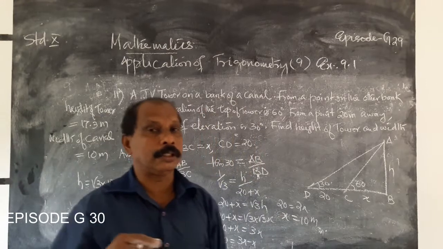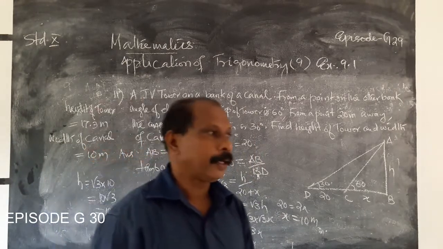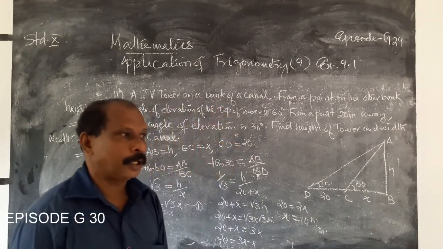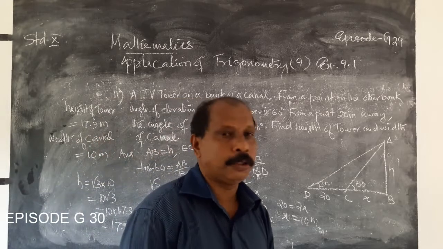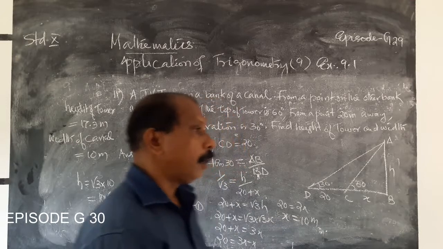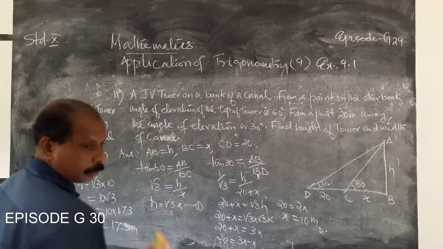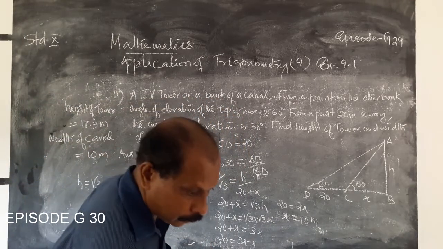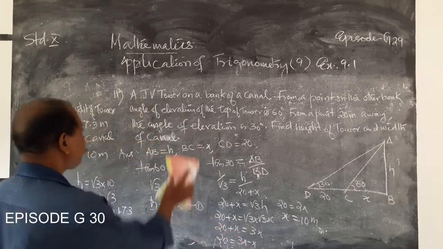Therefore 20 is equal to 3x minus x is equal to 2x. x is equal to 10. Therefore h is equal to 10 into root 3, that is 17.3. Therefore height of the tower is 17.3 meter and width of the canal is 10 meter. That is the answer of question number 11.